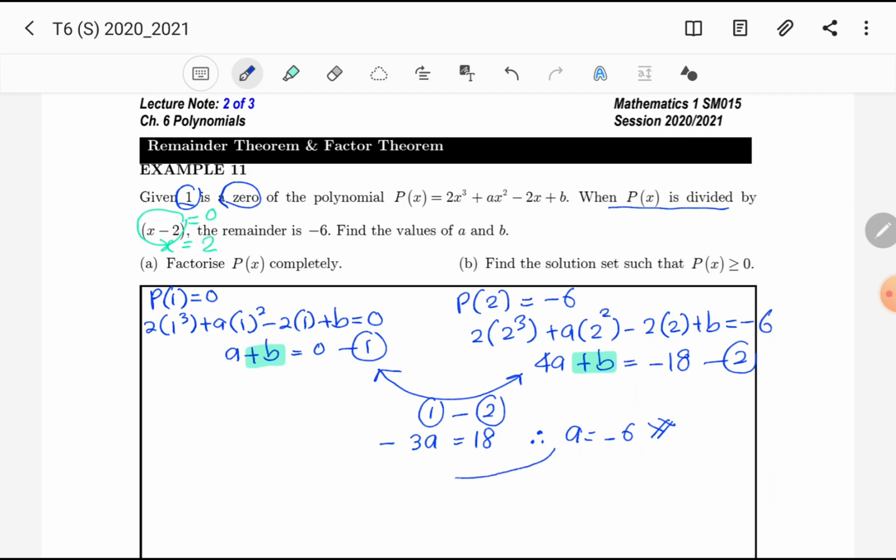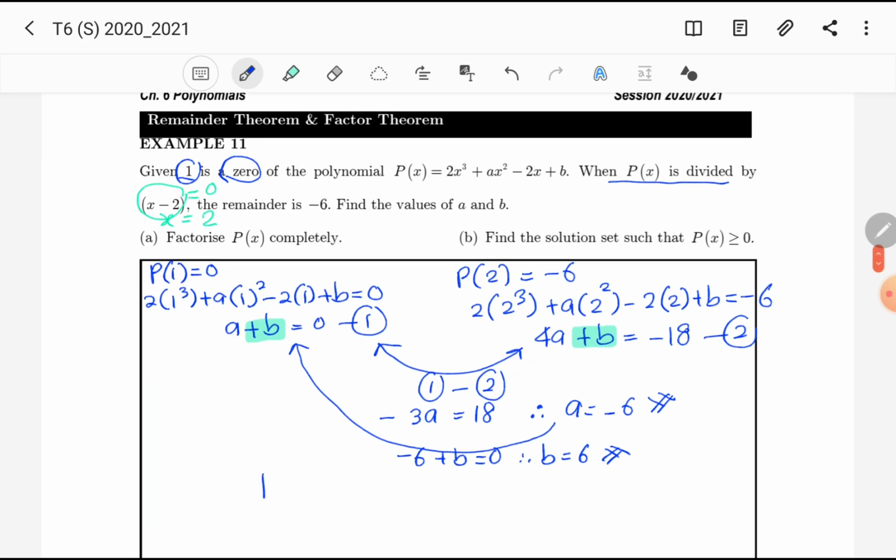Next, kita ganti A dalam first equation. Or it can be second equation lah. Terpulang lah awak nak ganti dalam yang mana. Okay, so saya akan ganti dalam first equation. So saya akan dapat negative 6 plus B equals to 0. Therefore, B equals to 6. Okay, dapat dah.